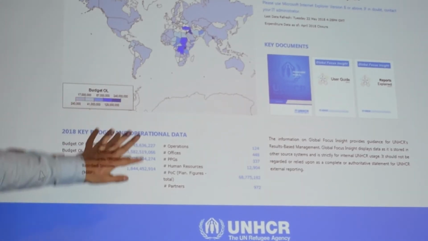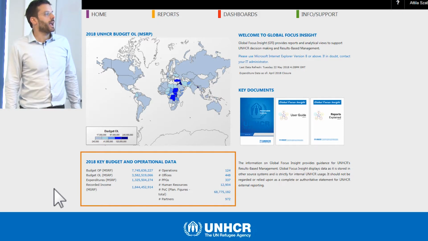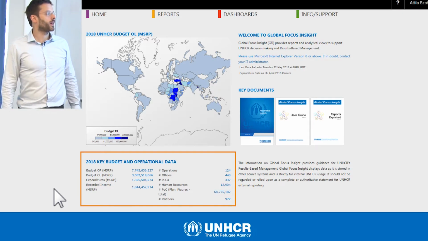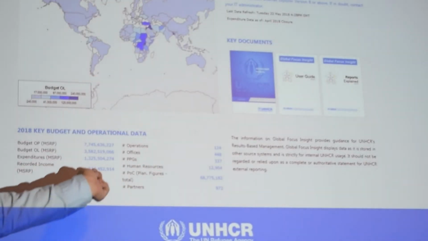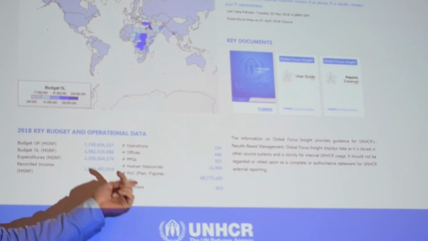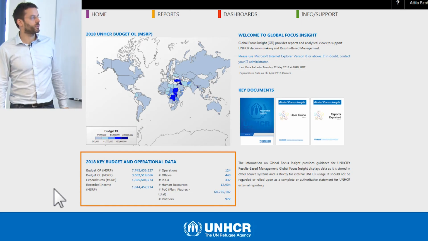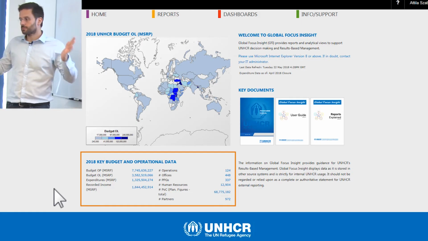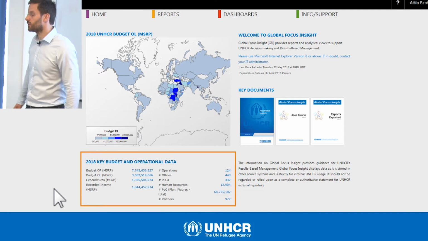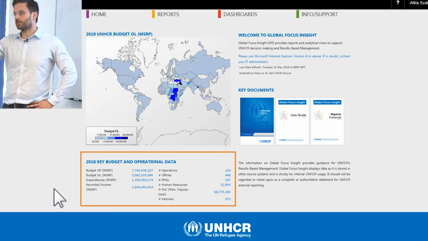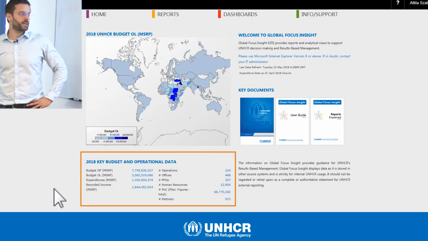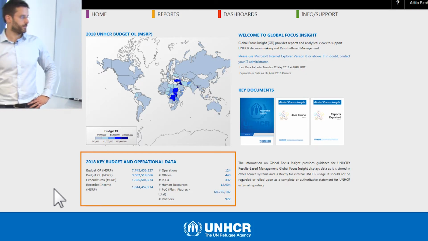So these are all financial related information. And you see some figures related to operations, number of offices, our staff, persons of concern globally. So this is really a useful place to go if you need to brief someone outside of UNHCR on our global activity. This is the best place to go to.